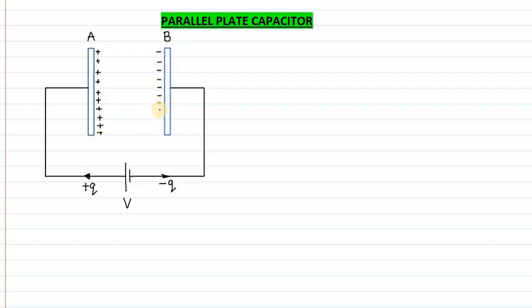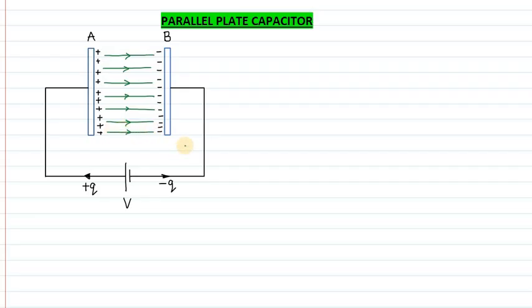The positive and negative charge will be on the inner surface only, and also there will be an electric field developed here. Now we can say electric field lines will be parallel to each other, because as I said earlier, the electric field line should start perpendicularly from one conductor and land perpendicularly on the other conductor.